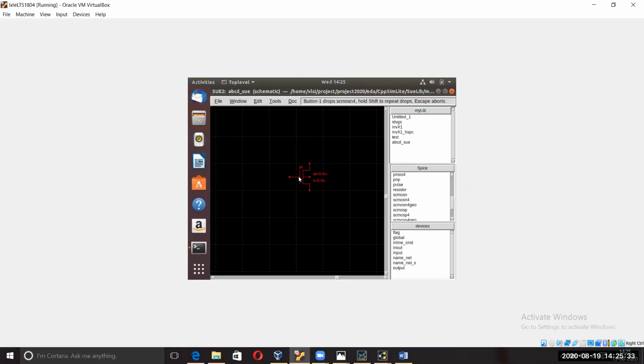If you drag it, you can see this one. It's a 0.5 micrometer technology. The minimum width is 0.6 and the minimum length is 0.4, set by default by sir. This is how you drag things here.